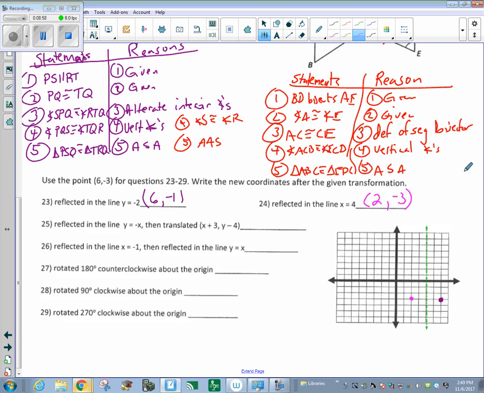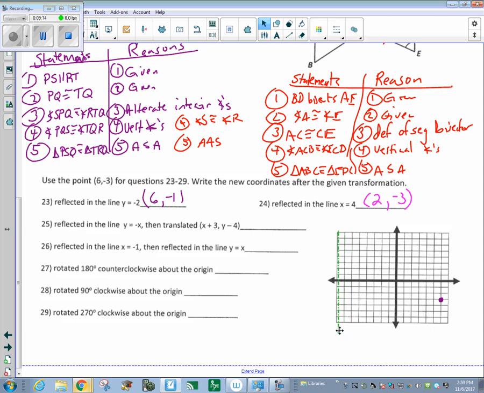Okay. So then my next one, I have 2 different transformations to do. I'll erase this point right here, and we'll start with reflecting across the line y equals -x. So let's first draw that line. Let's take this guy right here and draw the line y equals -x, if I can grab it. There we go. There's the line y equals -x.